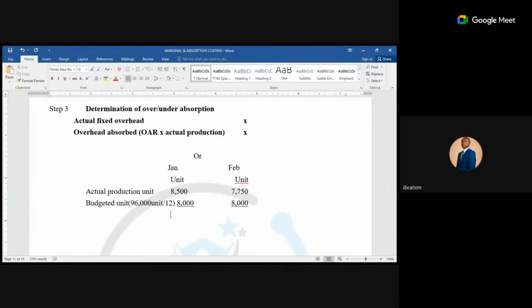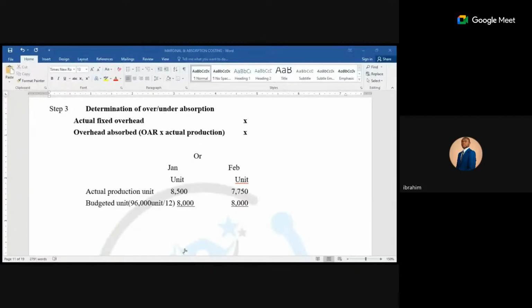Now, the actual production is 8,500. We are not comparing costs now. Since the actual fixed overhead is not given, how do we determine it? Don't stress yourself to want to get the actual fixed.